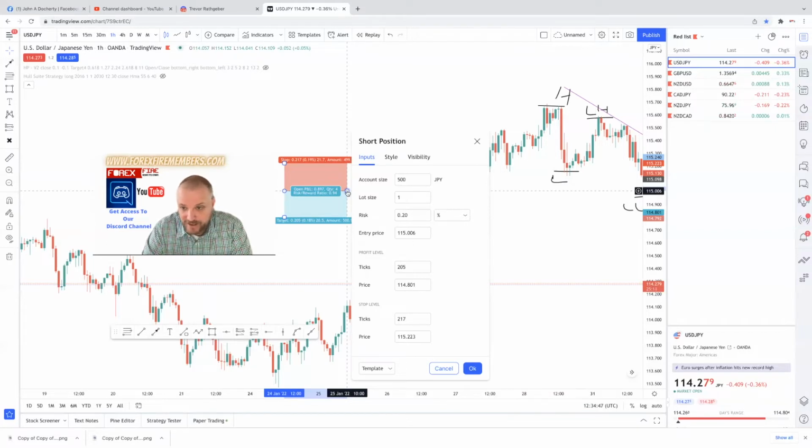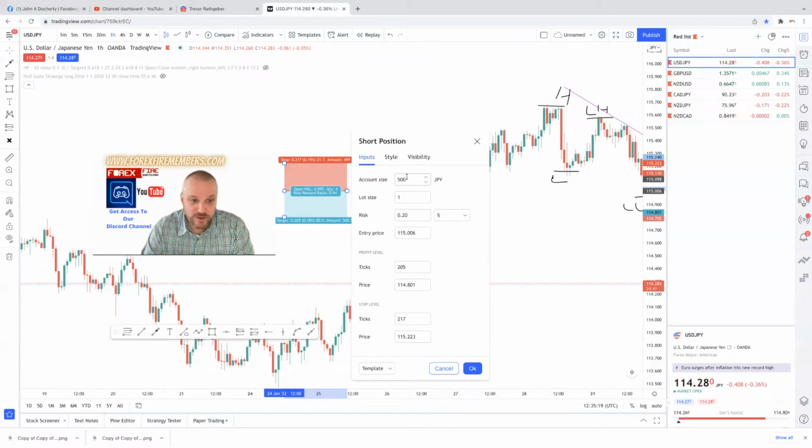If you look to the right-hand side where the dashed line goes to, that is that, okay? We've got the ticks, which we'll talk about in a moment. We've got a price level on profit, let's have a look. There we are. It's 114.801. You see that? That's your profit. And you've got a stop level of 115.223. So that is that there. So that is what these areas are.